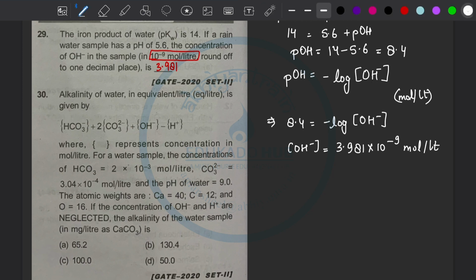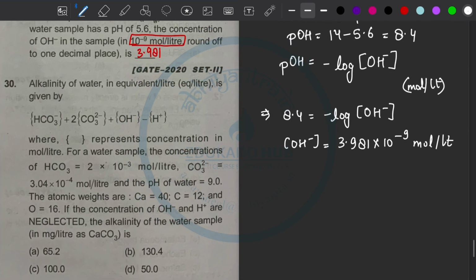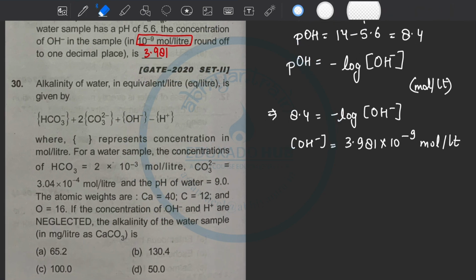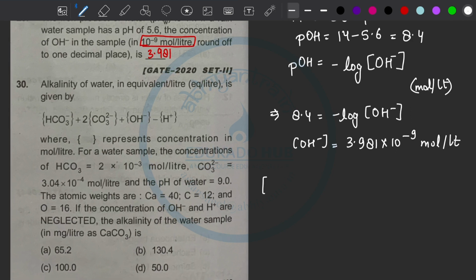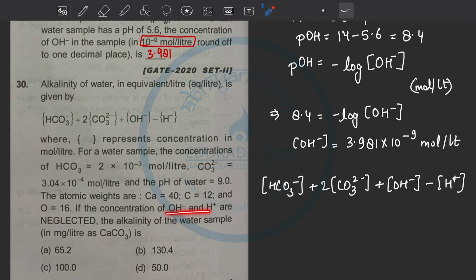See, they have given that the alkalinity is given by the equation HCO3 minus plus 2 CO3 2 minus plus OH minus minus H plus. And here they have said that the OH minus and H plus concentrations are to be neglected.